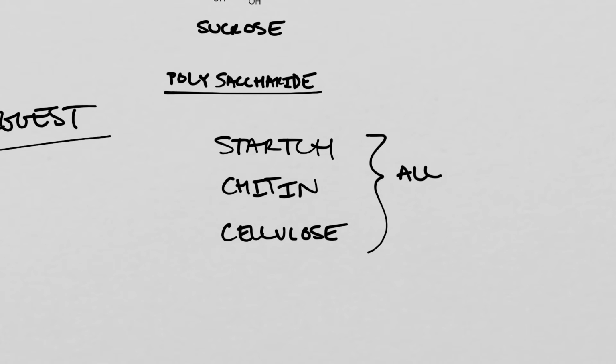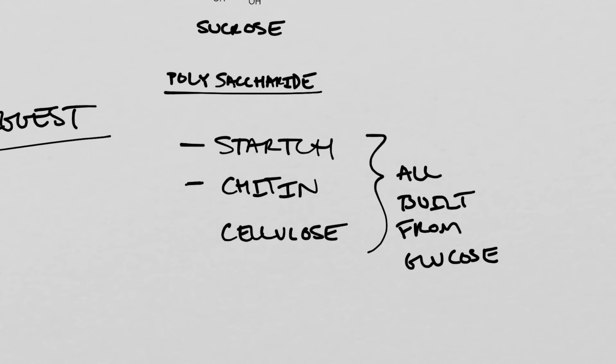So all built from glucose. And what makes them different is how these glucose monomers are all stuck together. Starch is the only one of this list of three that's actually digestible by us.